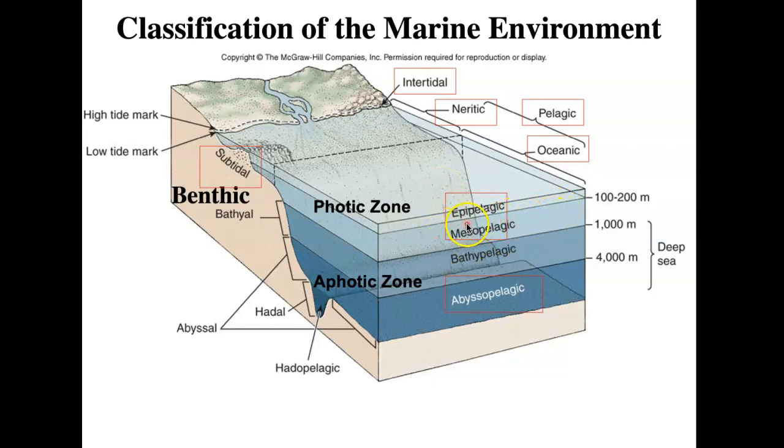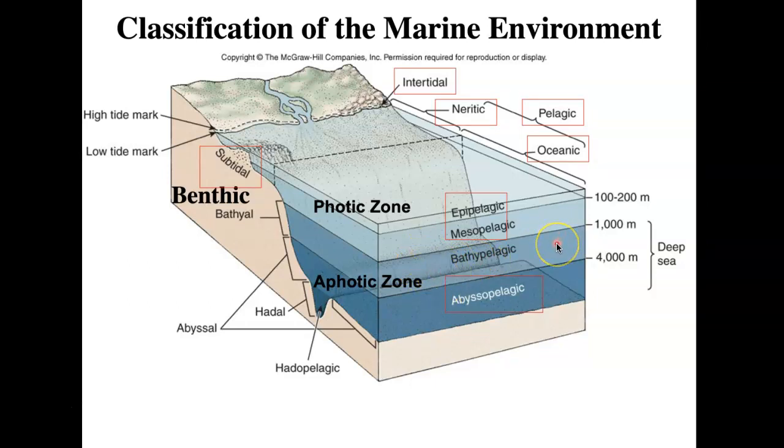Mesopelagic usually goes from about 100 meters down to about 1,000 meters down. So we call that the mesopelagic. The bathypelagic, we don't usually talk a whole lot about, but it begins your deep sea. There's not much light making it into the bathypelagic. At this point, you are all blue light.